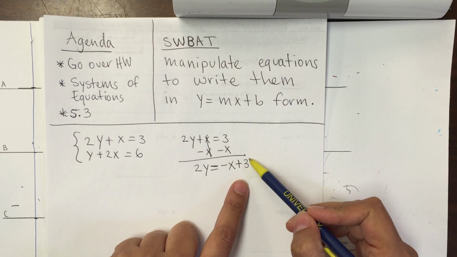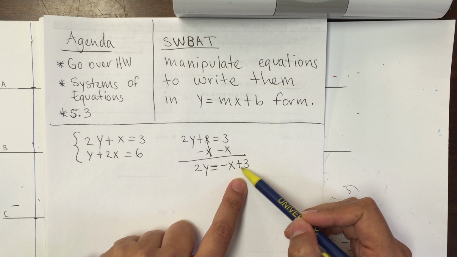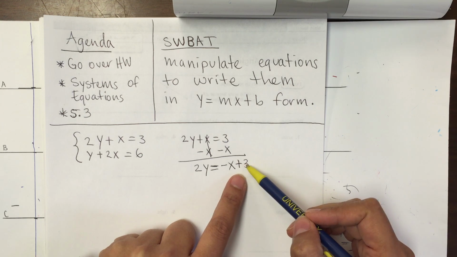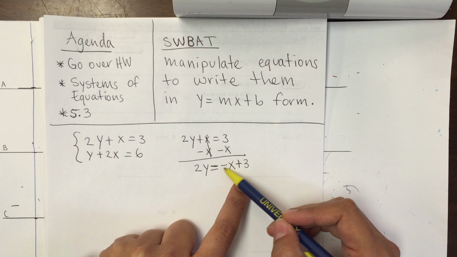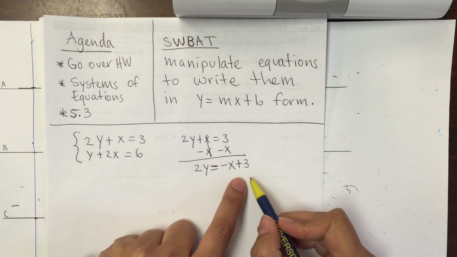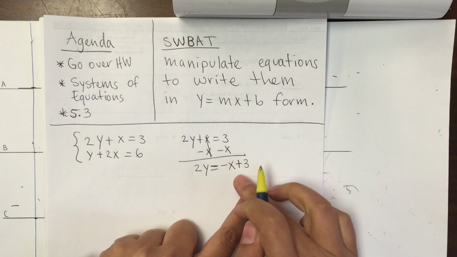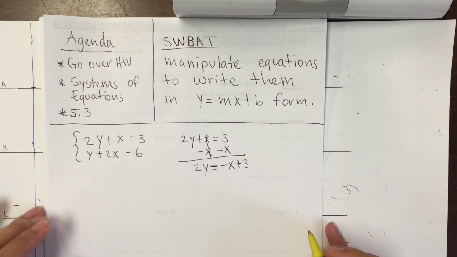Another thing that I get asked is, can I change it? Can I have the 3 first and then minus x? Yeah, it would be correct. However, conventionally, you will have the constant number on the right, until the end.